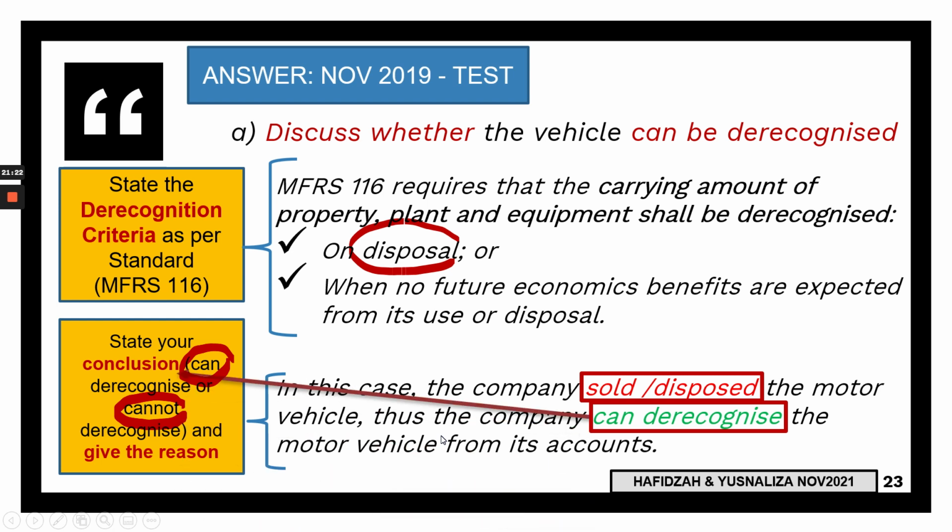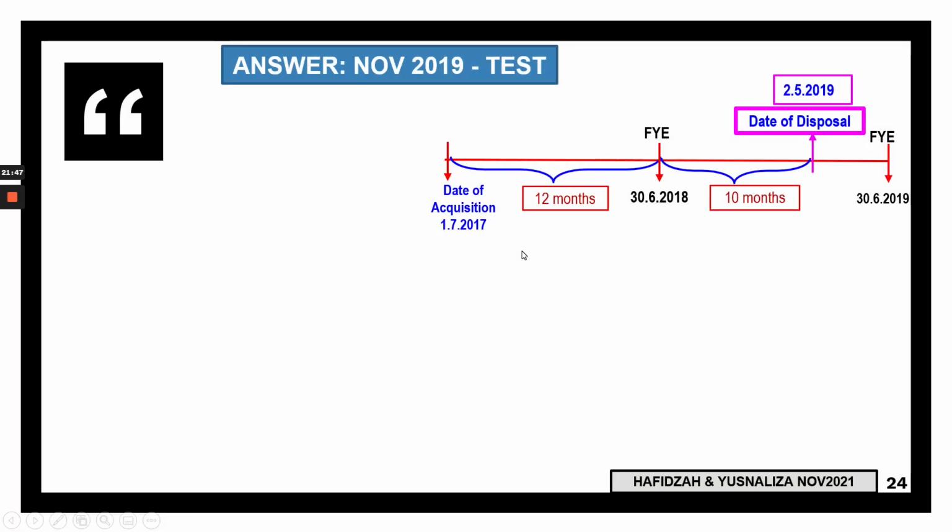The reason is the word sold or disposed here, but the conclusion is that you can derecognize, and the reason is due to the disposal or sale of the motor vehicle. That sentence must be written to decide whether or not it has to be derecognized.